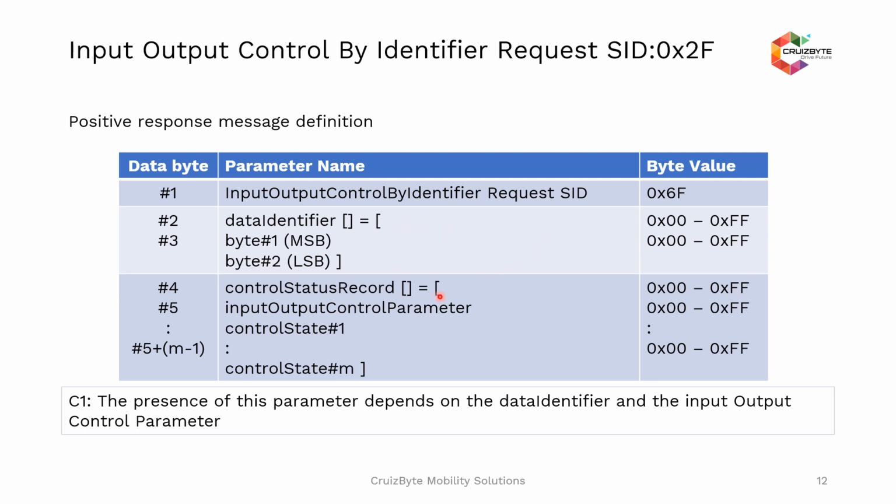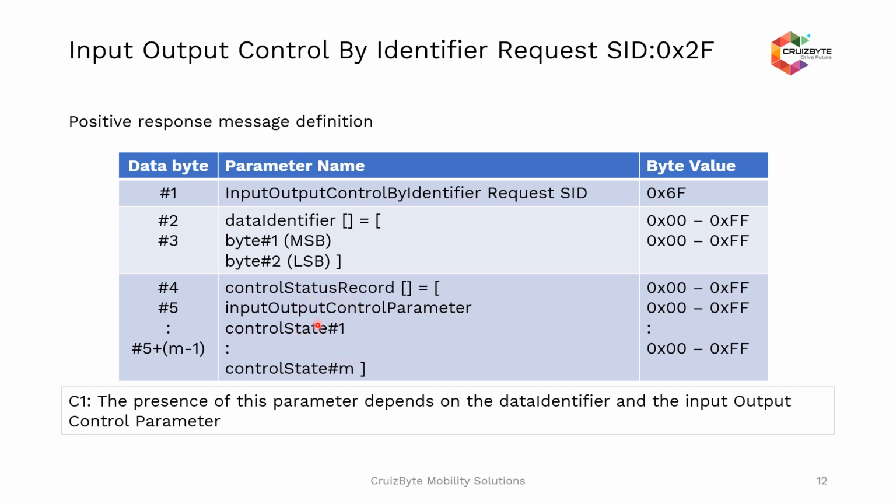And the control status record is a value of short-term adjustment, which in this case is 0x03. It will also give all the signals which are part of the data identifier if it is an array of data within the identifier, or a single value if it is a single signal being set from the diagnostic tester.